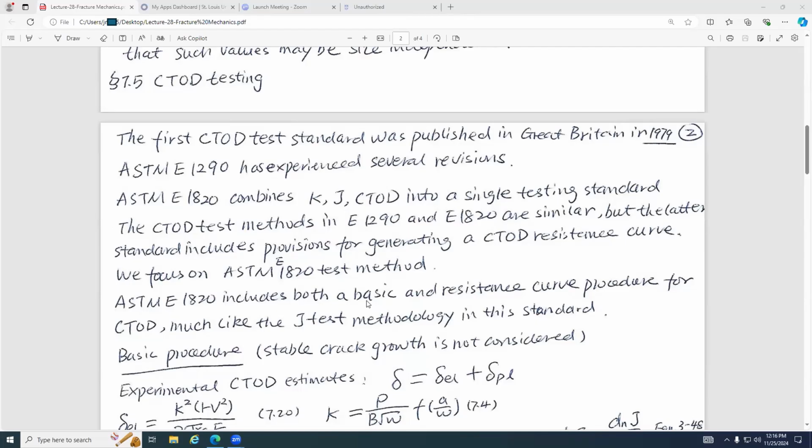The CTOD test methods in E1290 and E1820 are similar, but the latter one includes provisions for generating a CTOD resistance curve. And because of this, we focus on the ASTM E1820 test method, because this one has some standards for generating a CTOD resistance curve.